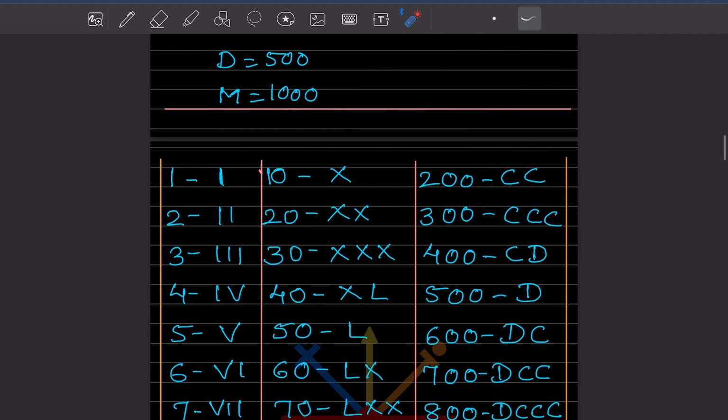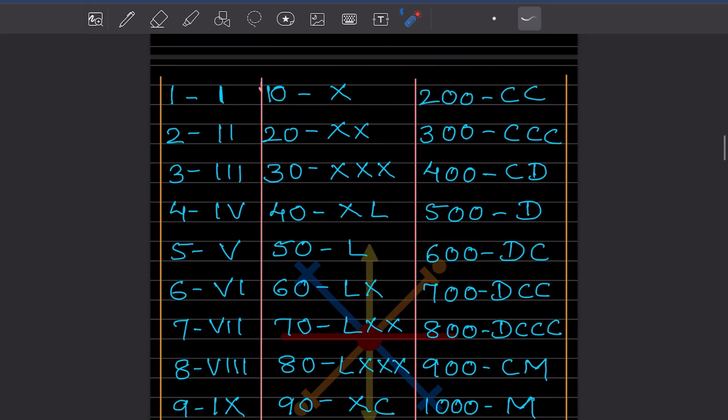So we cannot repeat that I more than 3 times. So IV is 4, V is 5, VI is 6, VII is 7, VIII is 8. Here again we cannot write VIIII, 4 times, so we cannot repeat the symbol. So that is IX, and this is X for 10.